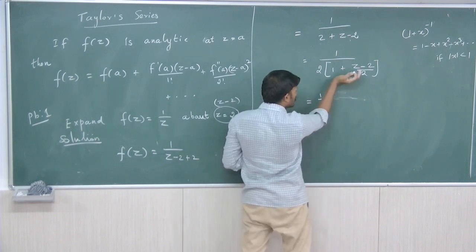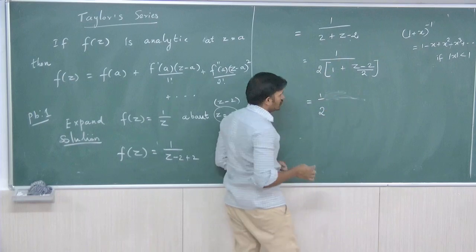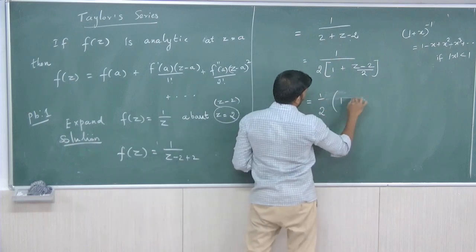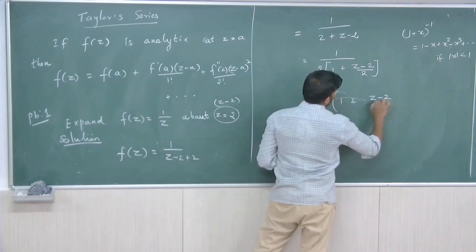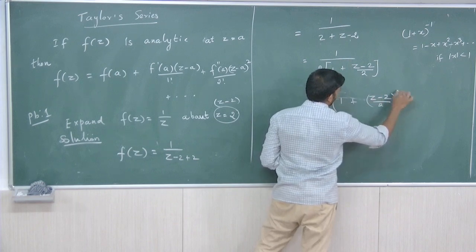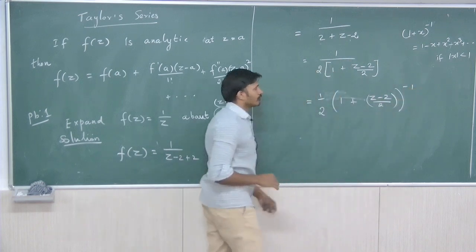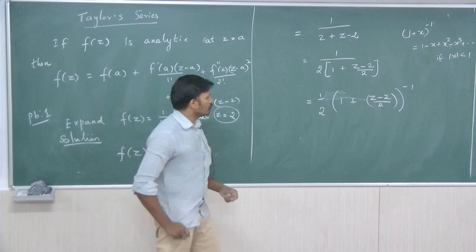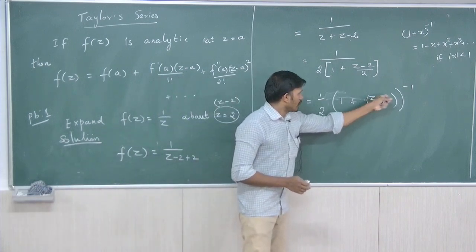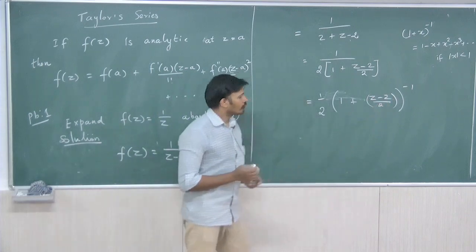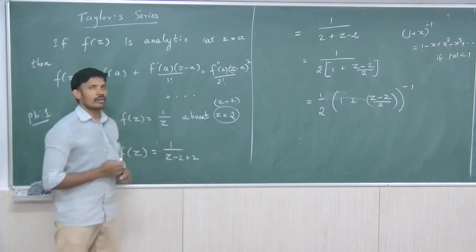I am going to shift this term to the numerator. You get 1 plus z minus 2 divided by 2 whole power minus 1. Now z minus 2 divided by 2 should be less than 1.